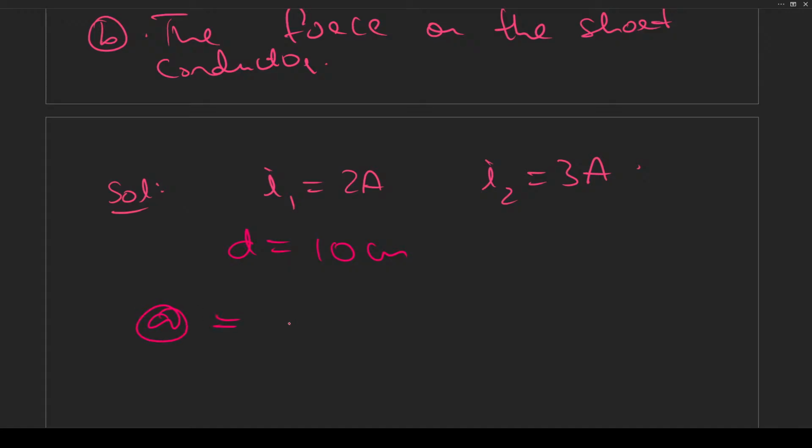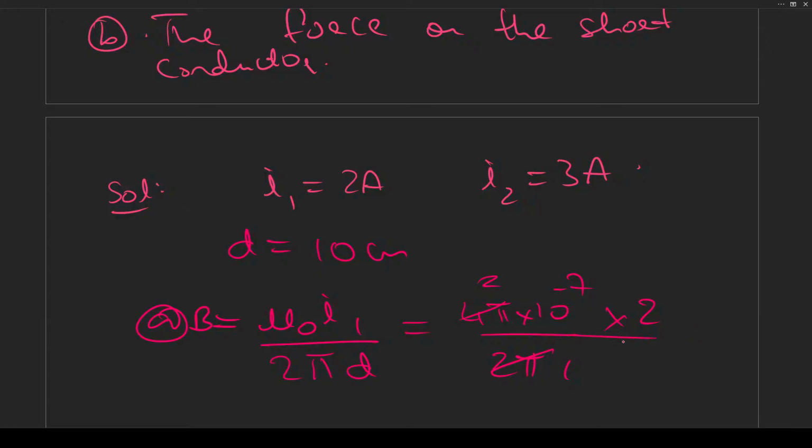So magnetic field which is equals to mu naught I1 on the second conductor, so mu naught I1 by 2 pi r, or 2 pi d in this case, is equals to 4 pi into 10 power minus 7 by 2 pi into I1 which is 2 ampere by 2 pi distance which was 10 centimeters, so 10 into 10 power minus 2.